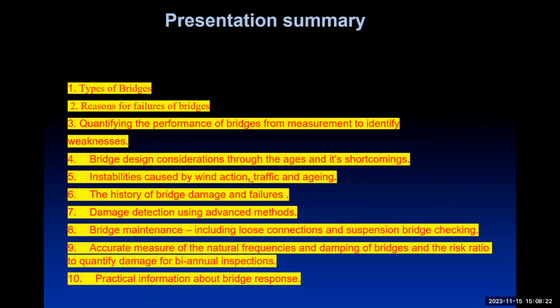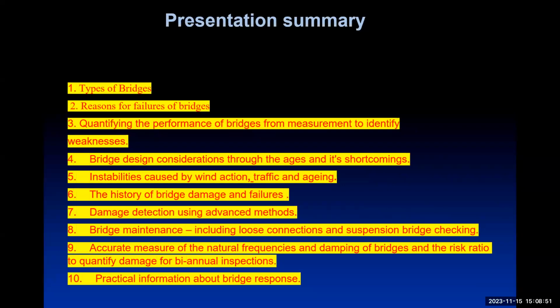So here we go. This is what we are covering today. There are the types of bridges, reasons for failures, quantifying the performance, looking at bridge design considerations through the ages. And this is it. I'll be talking about the history of some of the more important events. Instabilities caused by wind, traffic, and aging.